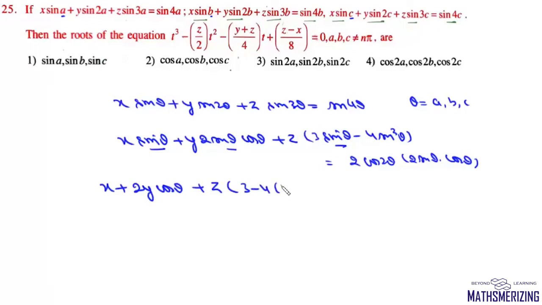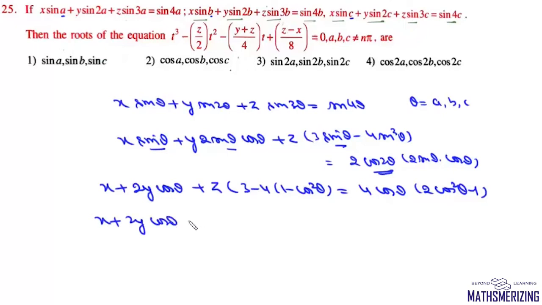sin square theta). We can write sin square theta as 1 minus cos square theta, and on the right it will be 4 cos theta, and then we can write cos 2 theta as 2 cos square theta minus 1. So it will be x plus 2y cos theta minus z plus 4z cos square theta equals 8 cos cube theta minus 4 cos theta.